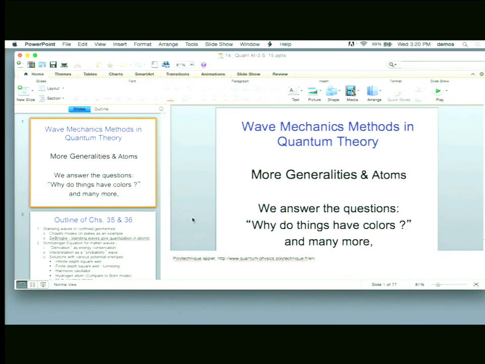And p is equal to h over lambda. So the energy is h over lambda squared over 2m, h squared over lambda squared. So the point is that the energies are just proportional to 1 over lambda squared.